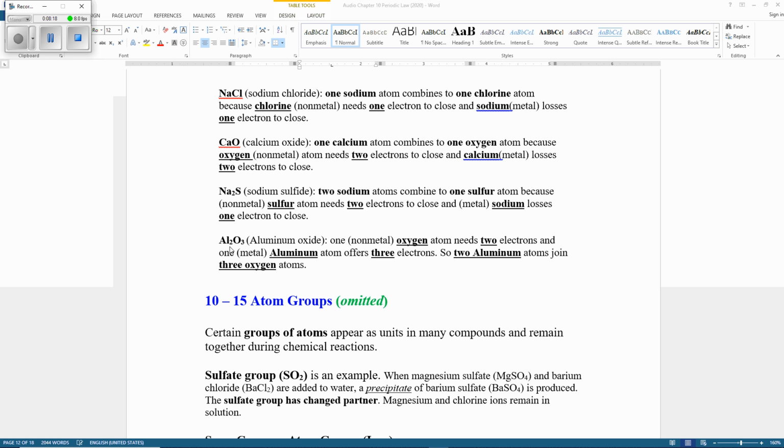The 2 each give 3, so totally 6 electrons, and the 3 oxygen each need 2, also 6. So that's what happens. They have to match the number of electrons.